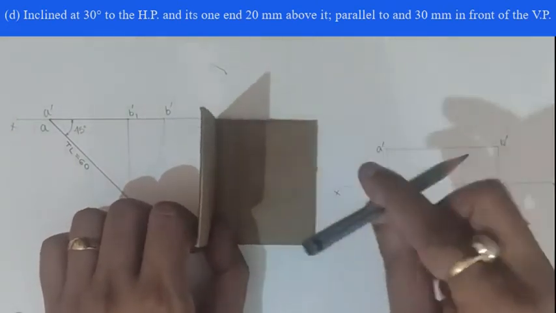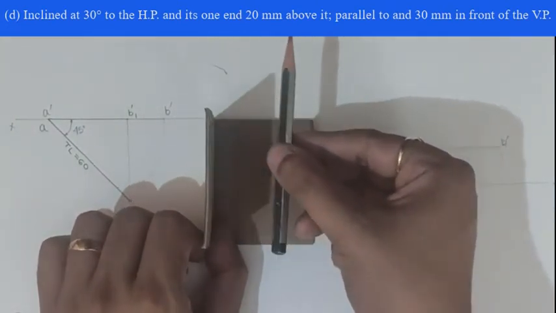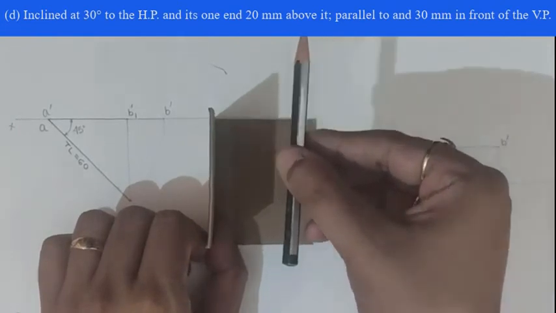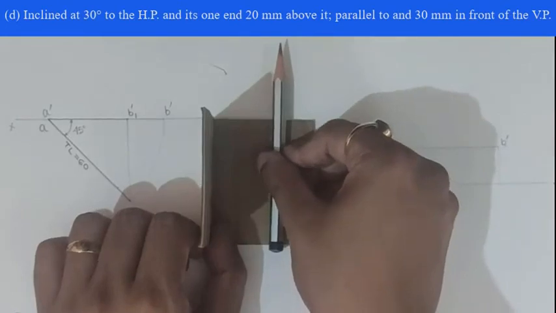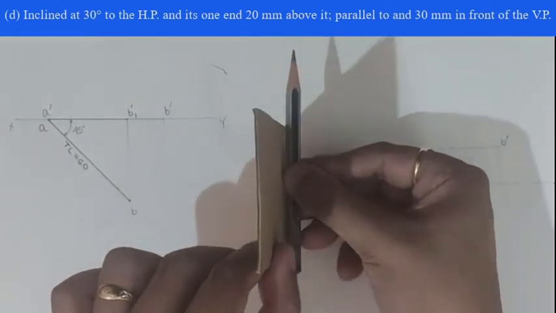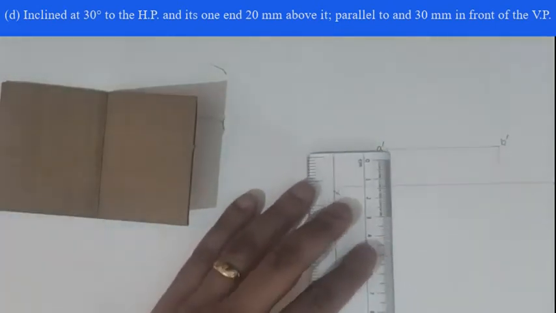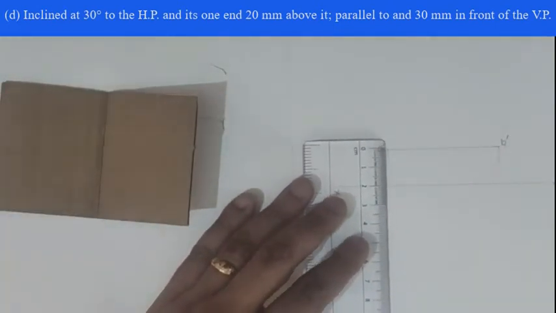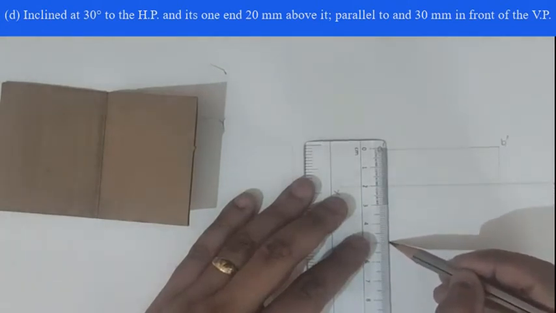Now try to draw the top view. इसका top view क्या होगा? It is 30 mm in front of the VP. So VP से 30 mm दूर पे है. This is the projection, and on rotating the plane, this line goes below the XY line. So below the XY line we have 30 mm. So this is 1, 2, 3.